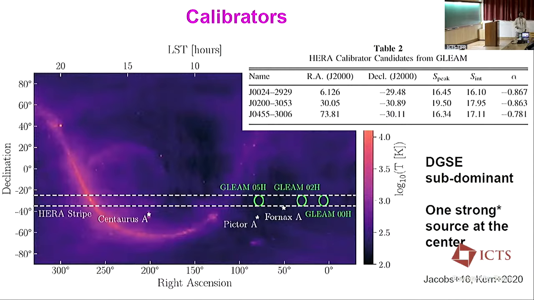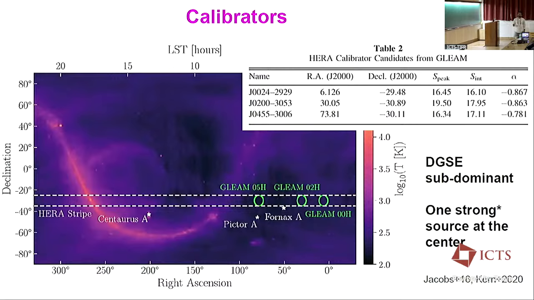It's a drift scan telescope. And these 3 fields, where the diffuse galactic synchrotron emission is subdominant, have at least one strong source at the center. Strong means a source with more than around 15 Jansky flux, which is quite isolated from the other sources. So these 3 sources were identified, and I will focus only on this middle one.